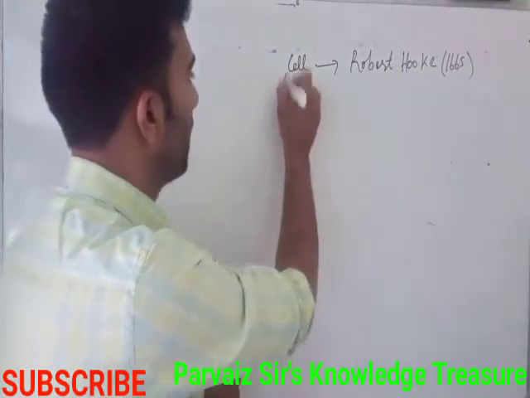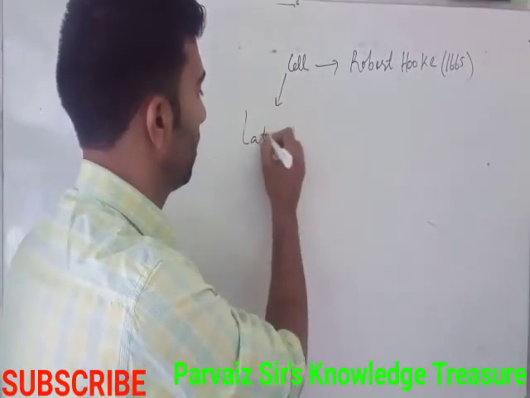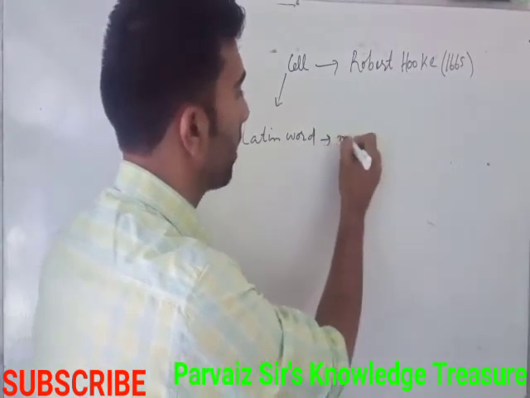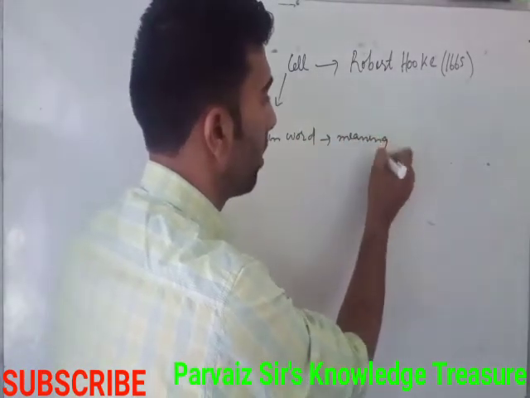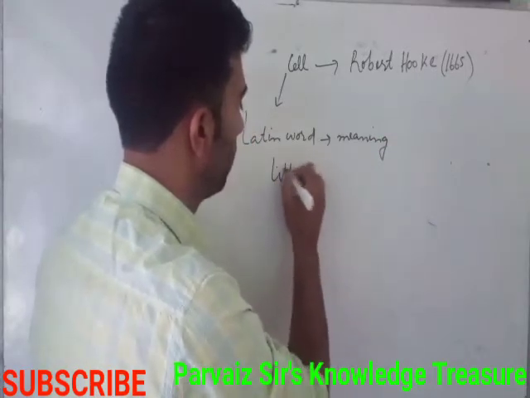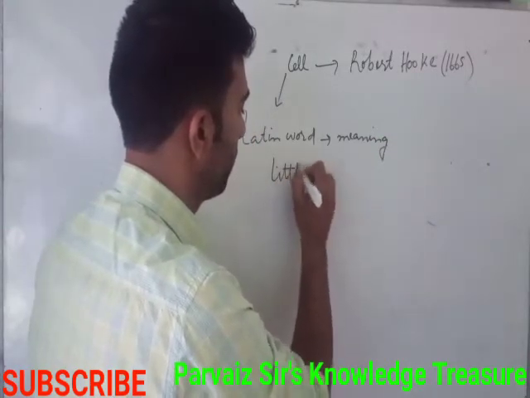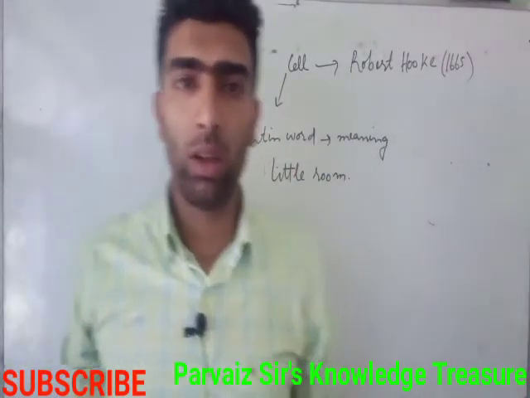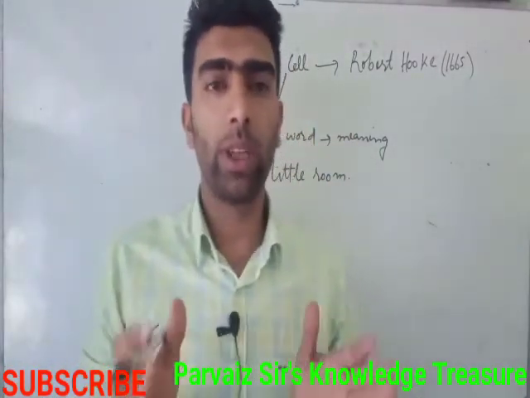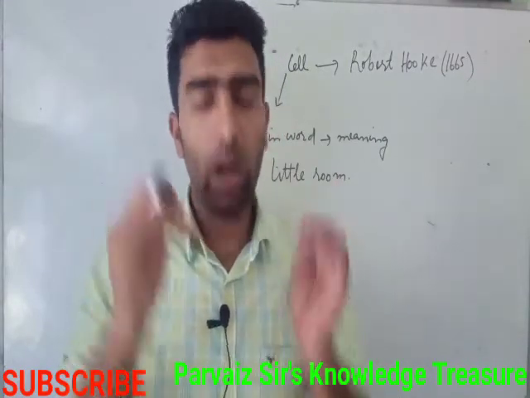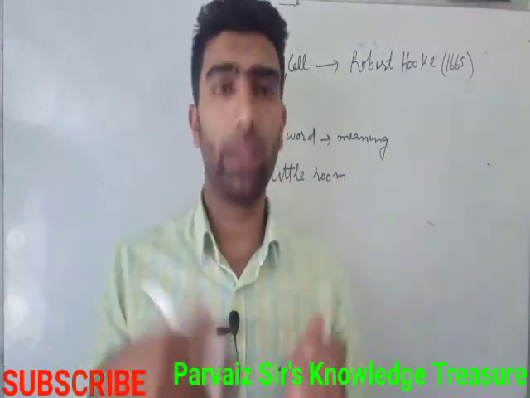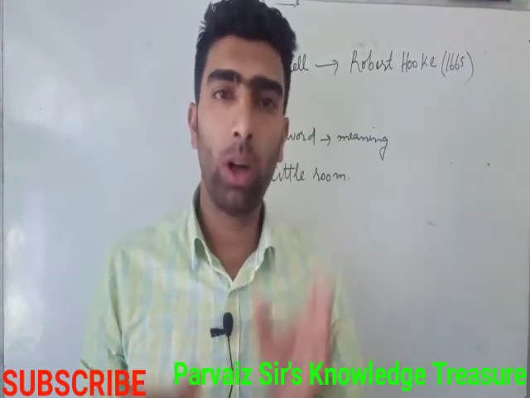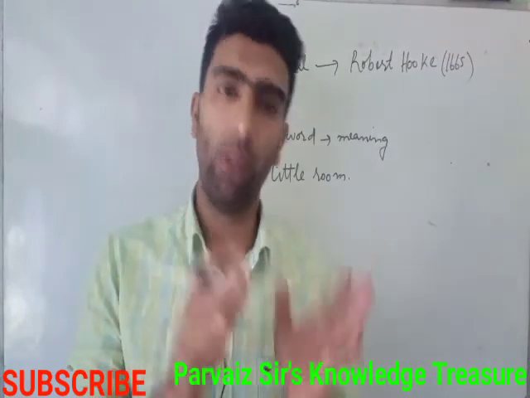Cell is actually a Latin word meaning little room. So we can say the answer of the first text question is like this. Cells were discovered by Robert Hooke in 1665.